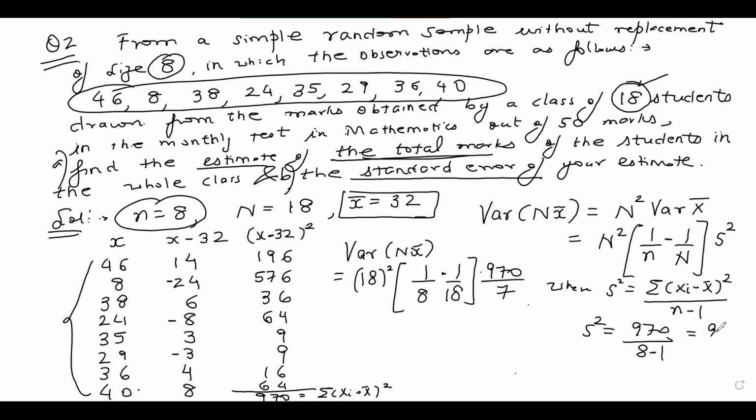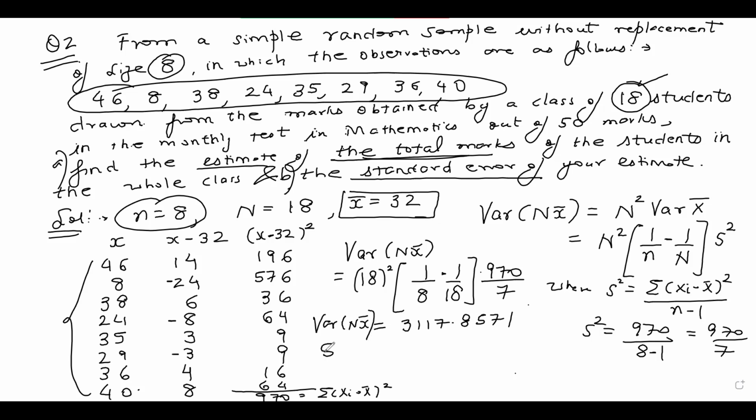I can write this as 970 over 7. If you use your calculators, which you're allowed to use, variance of nx bar comes out as 3117.857. Students attending this lecture can cross check using a calculator right now. This is variance of nx bar.